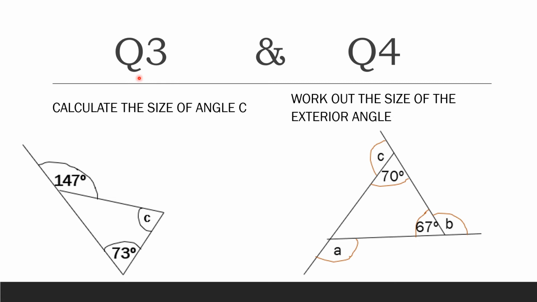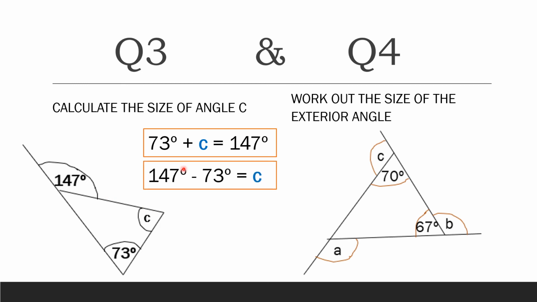For question number 3, we need to calculate the size of angle C. For this question, we are given the exterior angle and also one of the interior opposite angles. So in order to find C, we need to do the opposite operation, which is 147 degrees minus 73 degrees equals C. Because we know that the two interior opposite angles add up to the exterior angle of this triangle.